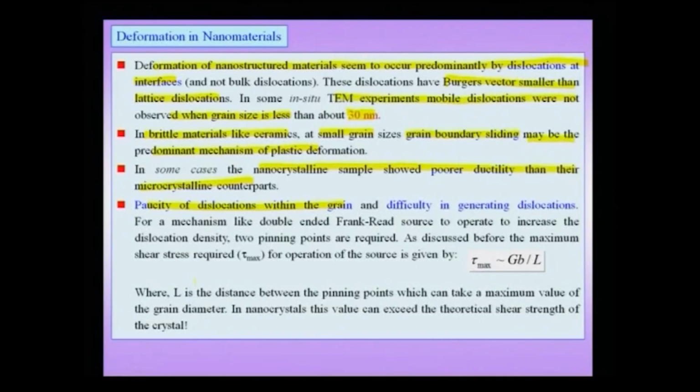Additionally, it is difficult to generate or multiply dislocations, because for a mechanism like the Frank-Read source to operate, the stress required goes as 1 by L, and as the grain size decreases, L decreases. That means we may actually exceed the theoretical shear strength before operating a source like a Frank-Read source.